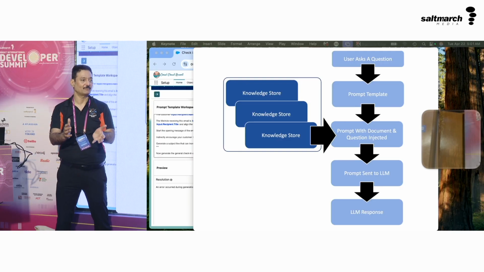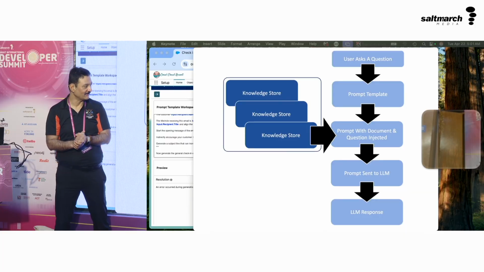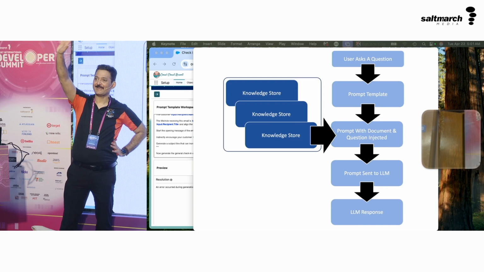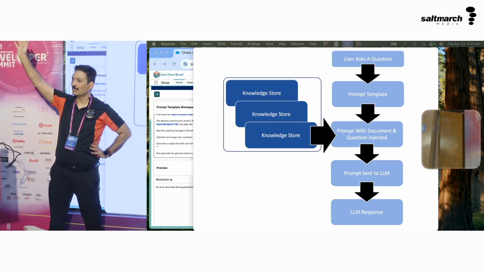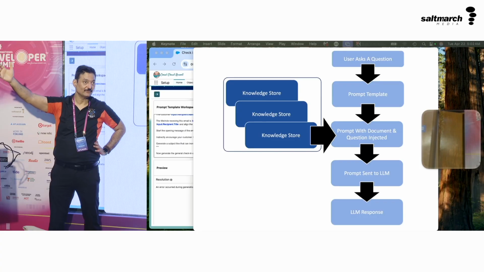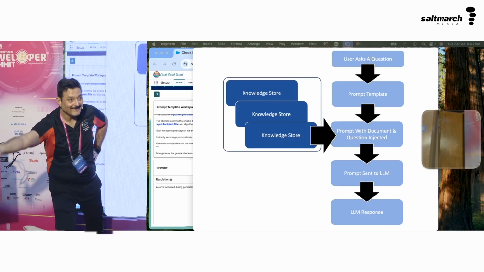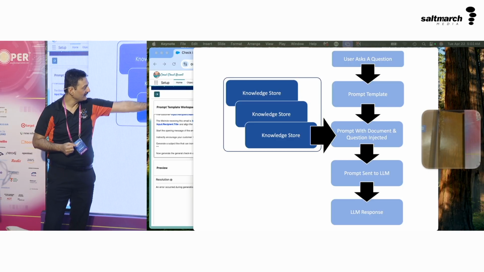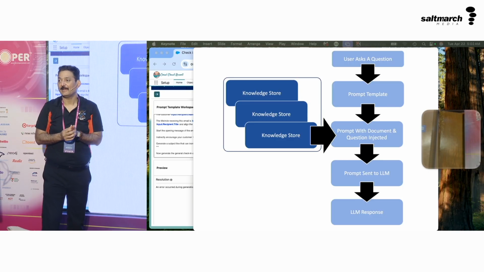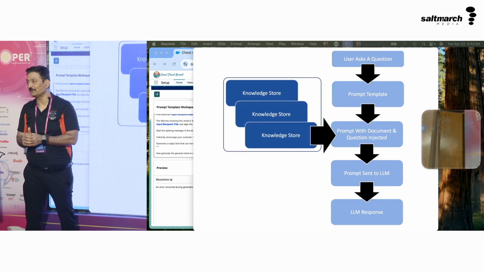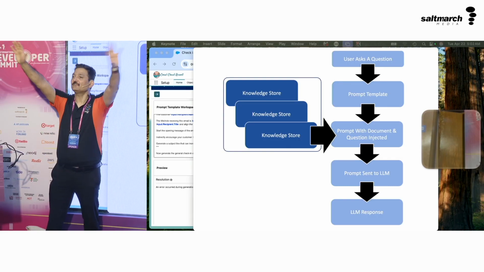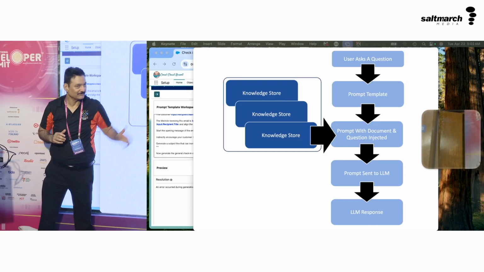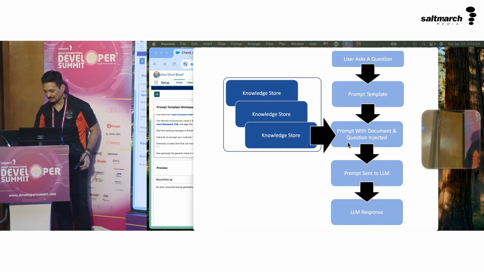That's a separate talk. We'll be discussing that in more detail there. But you can think about this as, there is a lot of knowledge store. How many here have Google Docs? How many here have data in SharePoint sites? So how do you get data and still help it answer the question given to you? That is where the knowledge retriever comes into play. The data could be in so many different places. How do you get that data and then use it? That's what's happening here.